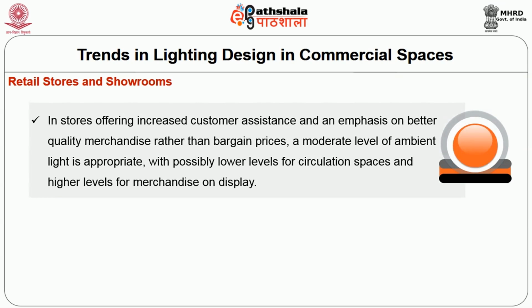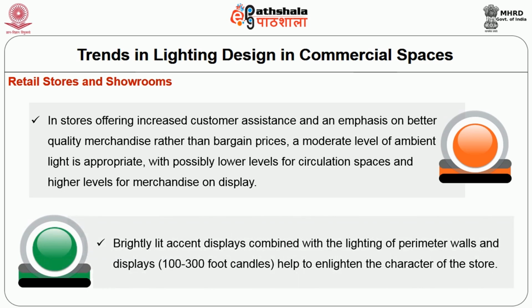In stores offering increased customer assistance and an emphasis on better quality merchandise rather than bargain prices, a moderate level of ambient light is appropriate, with possibly lower levels for circulation spaces and higher levels for merchandise on display. Brightly lit accent displays combined with the lighting of perimeter walls help to enhance the character of the store.